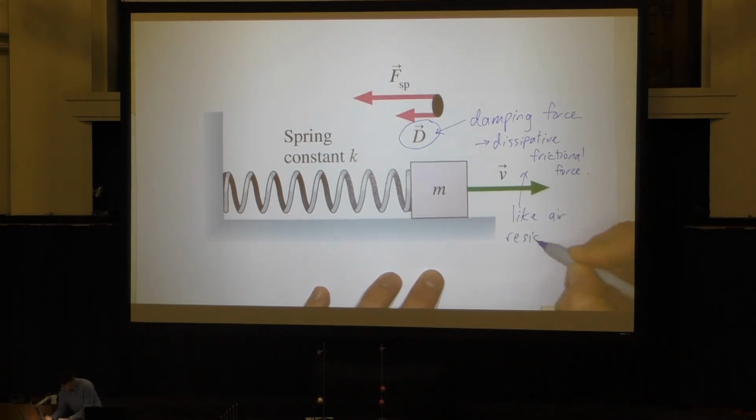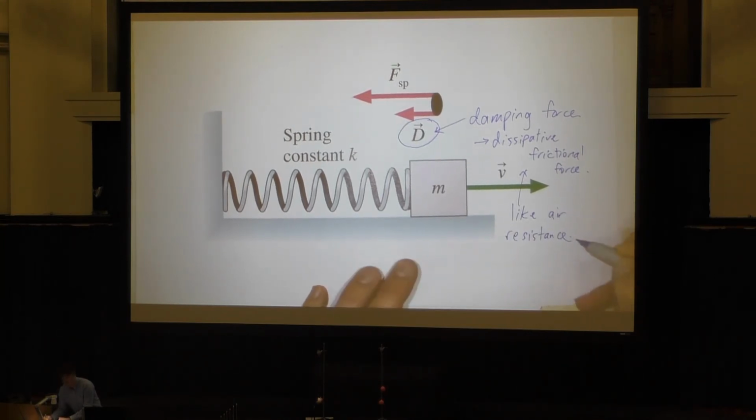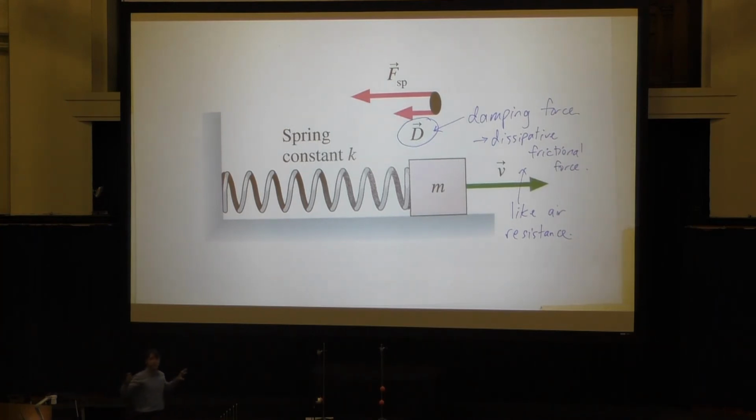as an example. If you are moving through the air as a fluid, the fluid has to push out of the way as you plow through it. The faster you're going, the more you have to push away, and so the more the resistive force is to your moving.